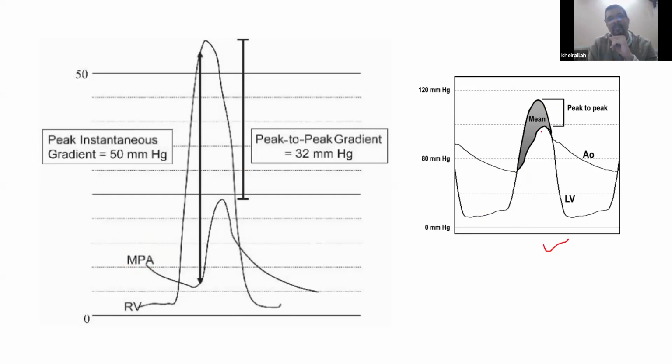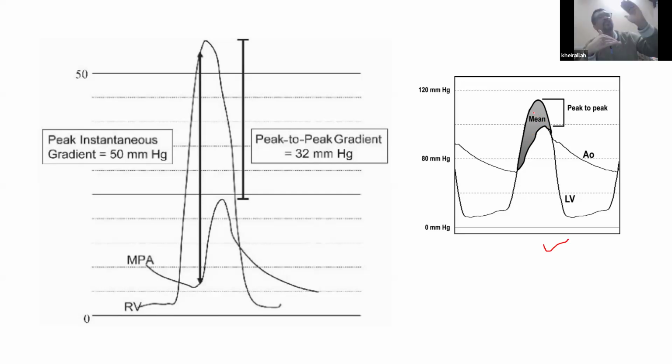So what do we have? We are supposed not to have this gap, right? We shouldn't have a gap. The shaded area physiologically should not exist. Like now we have a gap. This gap is the pressure gradient between the aorta and the LV.